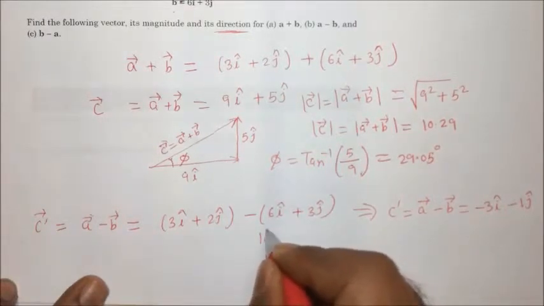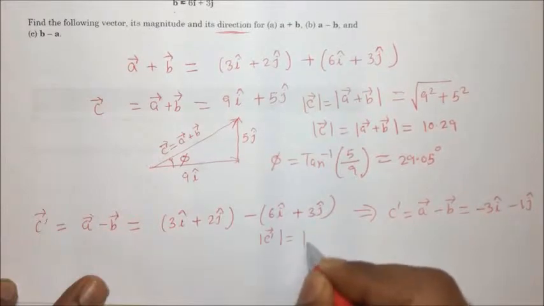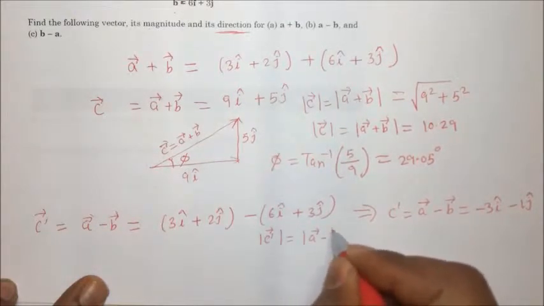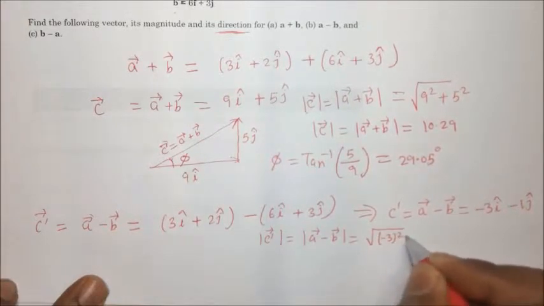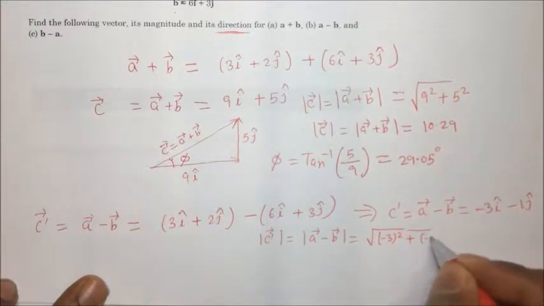Magnitude of vector C prime, the magnitude of vector A minus vector B, is square root of minus 3 square plus minus 1 square.